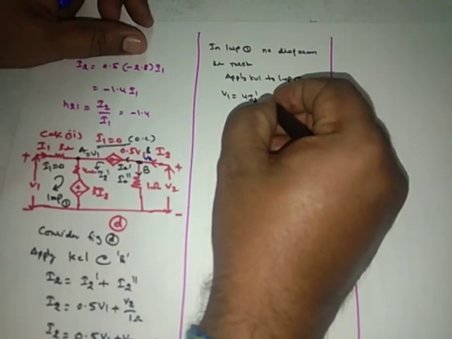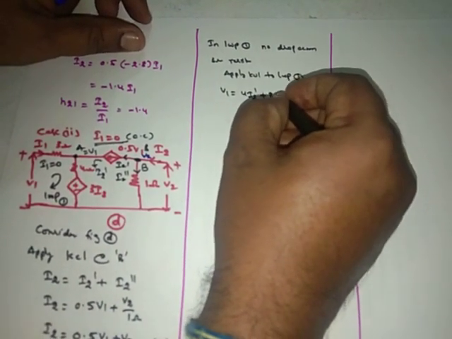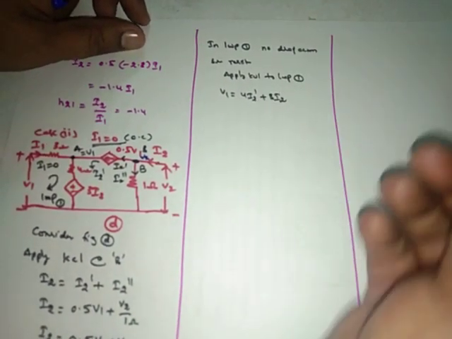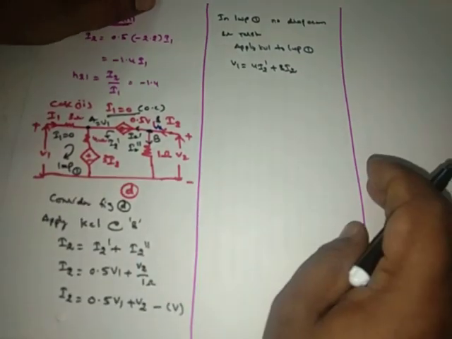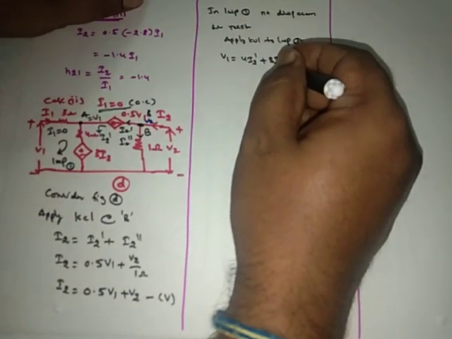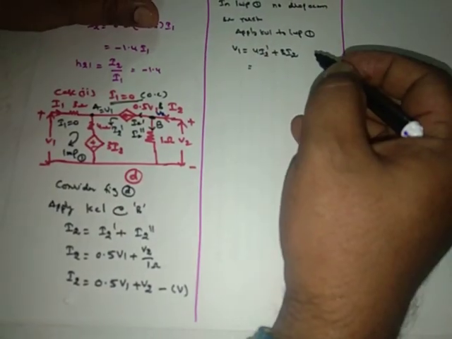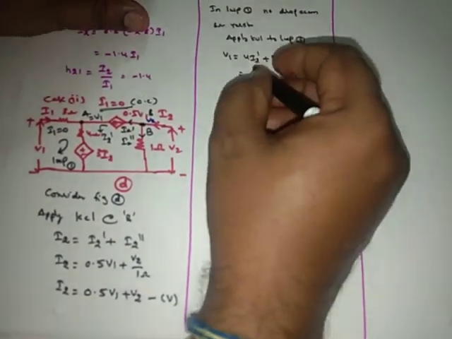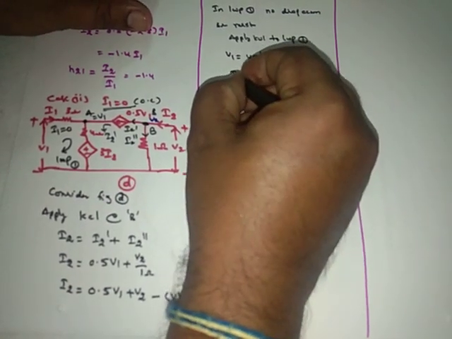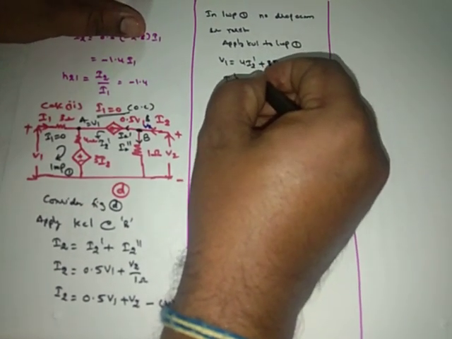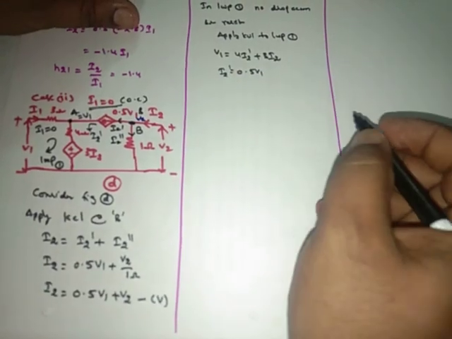Then again, already given, I2 dash is equal to 0.5 V1.